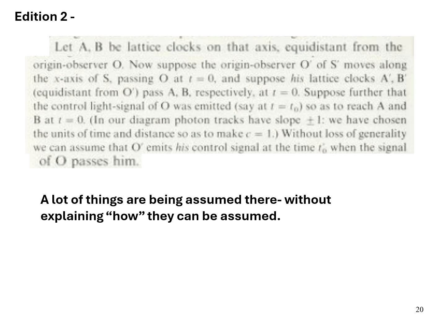Suppose further that the control light signal of O was emitted, say at t was t subscript 0, so as to pass A and B at t equals 0.